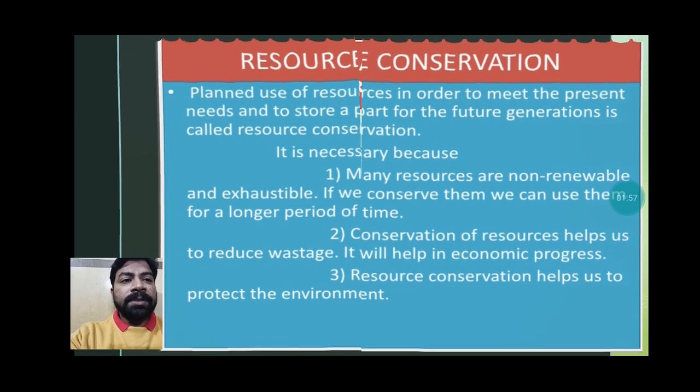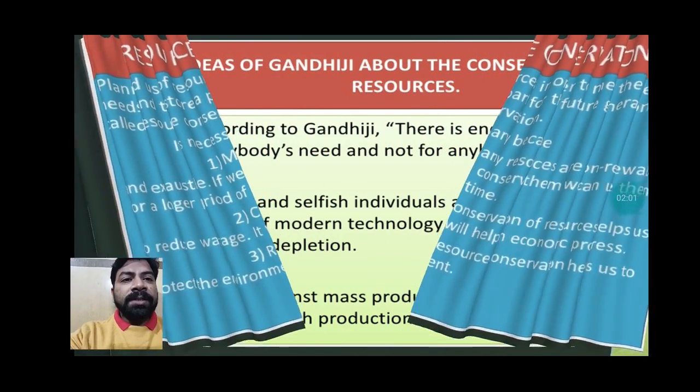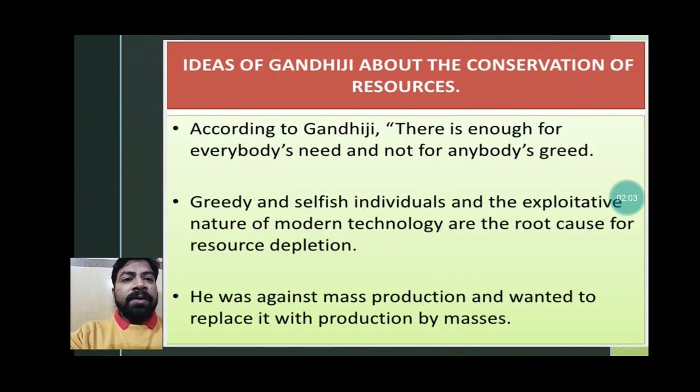This is important. You can see here what Mahatma Gandhi said. This is the idea of Gandhiji about conservation of resources. He suggested that according to Gandhiji, there is enough for everybody's need and not for anybody's greed. So there are enough resources for the need of a person, but if one becomes greedy, then it will become very little for others.